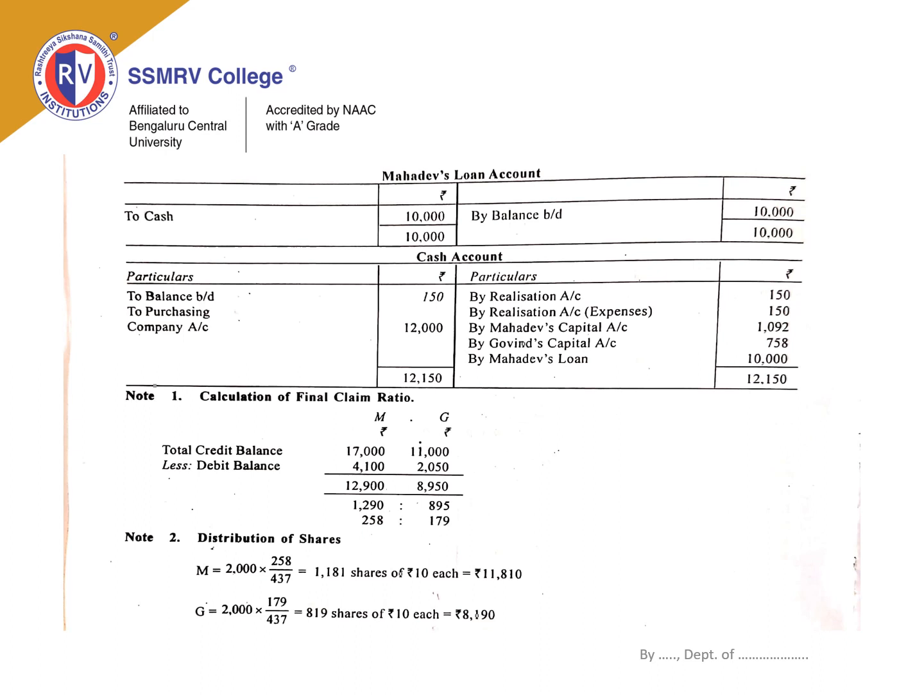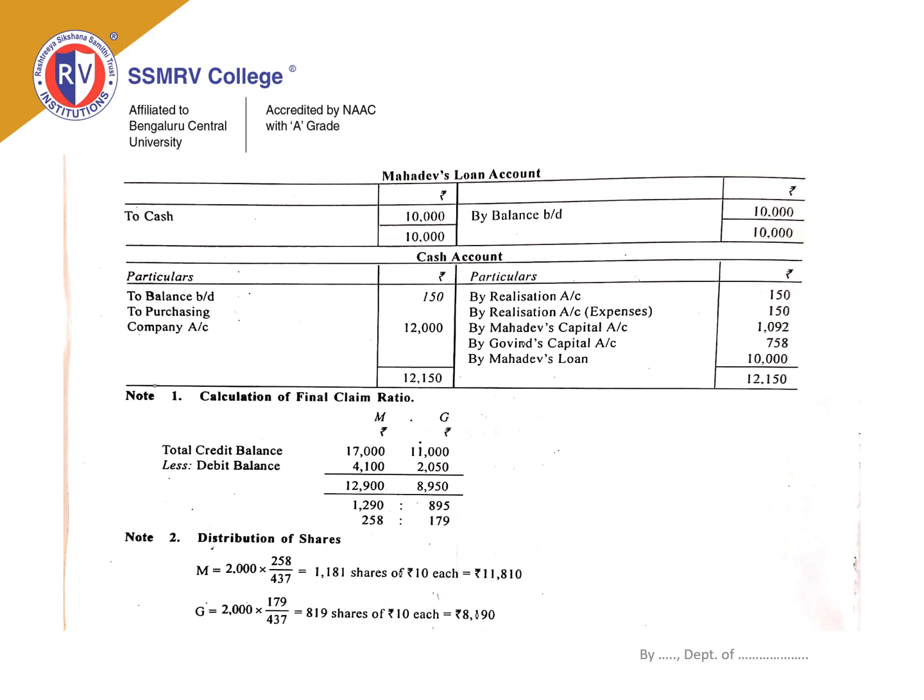In this problem, since the realization has resulted in loss, we have an entry on the debit side as well. So this loss amount has to be deducted from their capital balance. After deducting the amount of loss, the amount left out is 12,900 and 8,950. This itself is the final claim ratio.